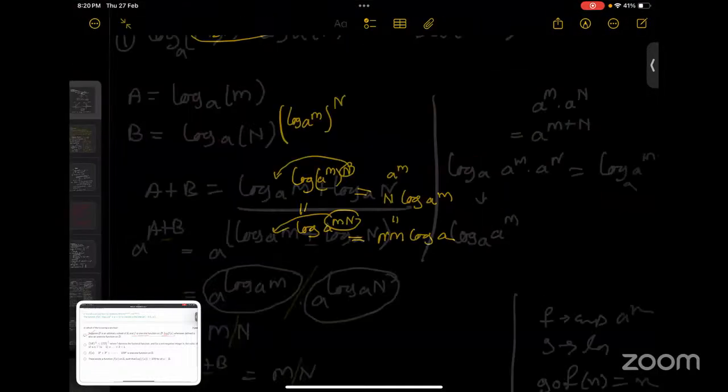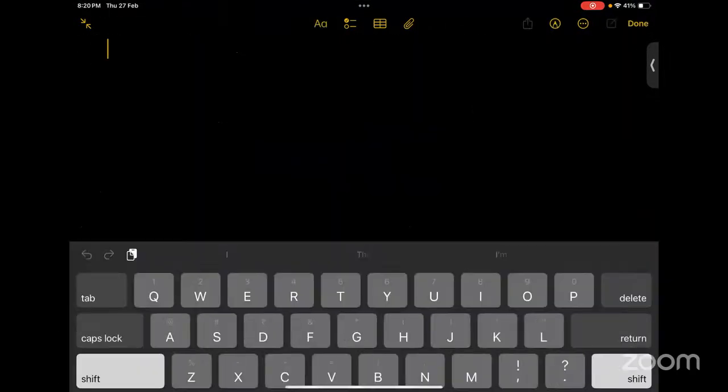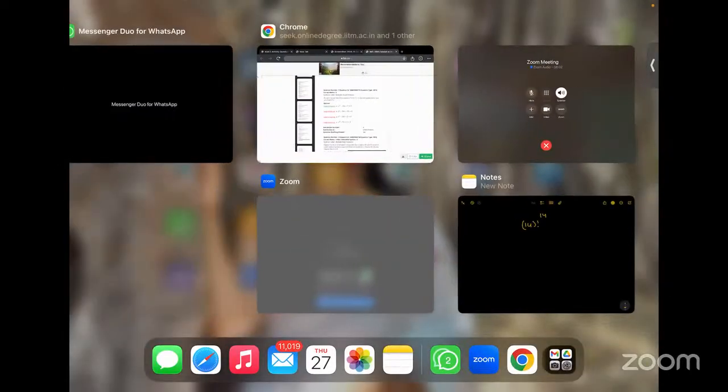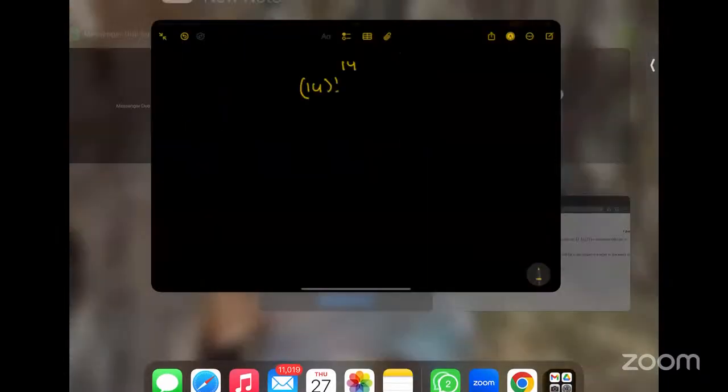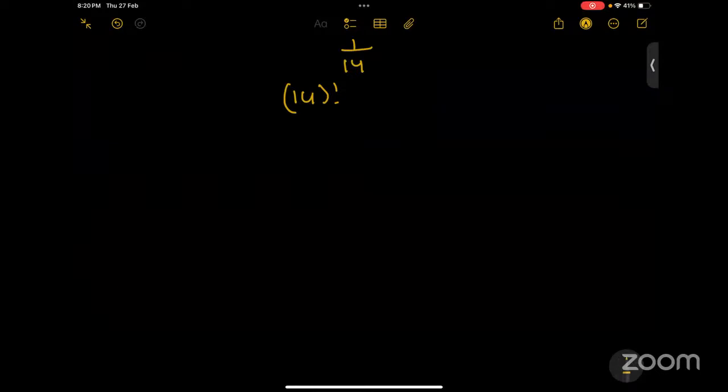So we have 14 factorial to the power 1 over 14 is less than 15 factorial to the power 1 over 15. Okay, so this is what is given.